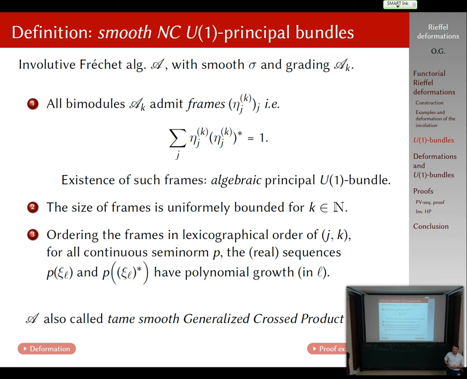So what you really would like to have is a self-Morita equivalence as a bimodule. If you have a self-Morita equivalence which is smooth, you would like to apply this sort of theory, but unfortunately I'm not able to prove such a result for the moment.